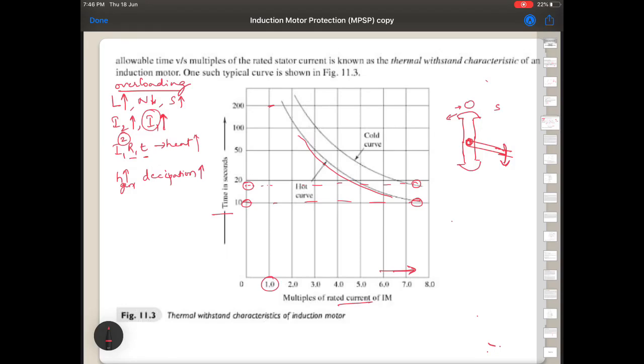So this is the difference between the cold curve and the hot curve. The hot curve is for the machine which is already in running condition. If it is starting from initial condition, that is, if the motor is at standstill and was not on prior, then we get this cold curve.